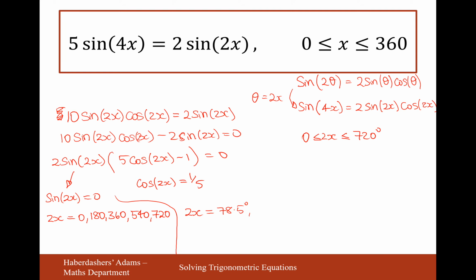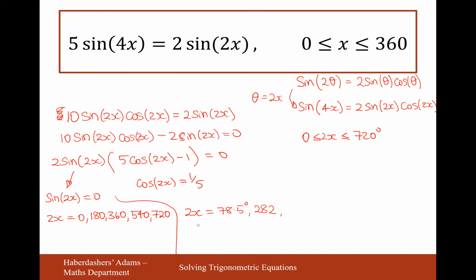Now what I'm going to do next is store it as the value A in the calculator. And then the next thing I'm going to do, because it's a cos angle, is 360 minus that value A, and that will give me 282.